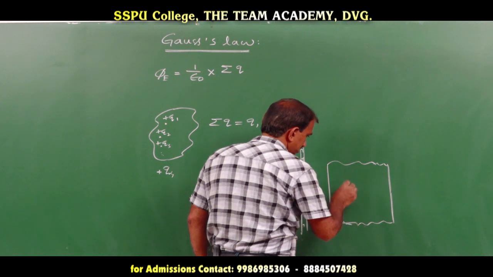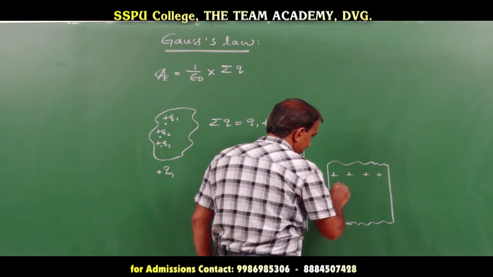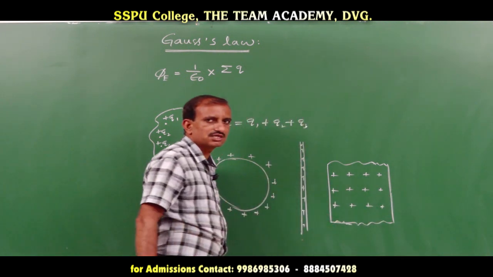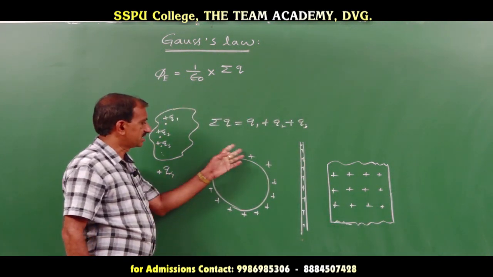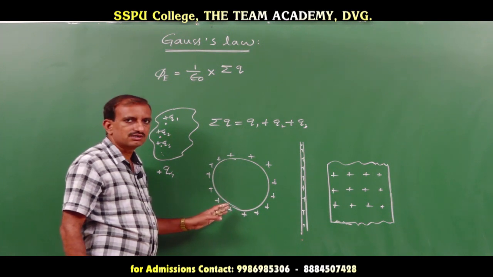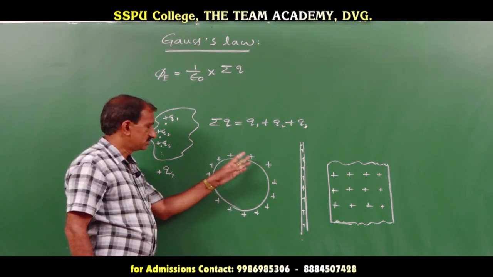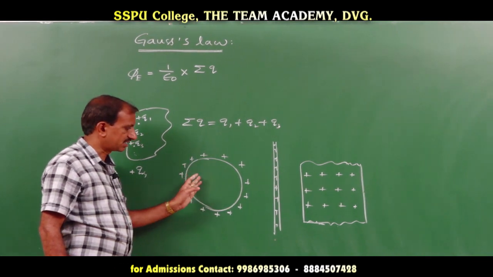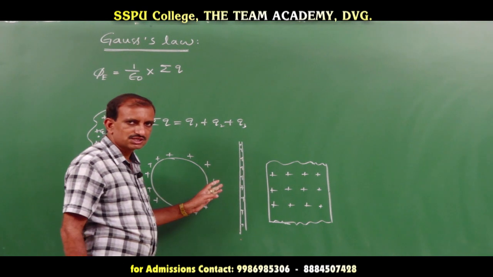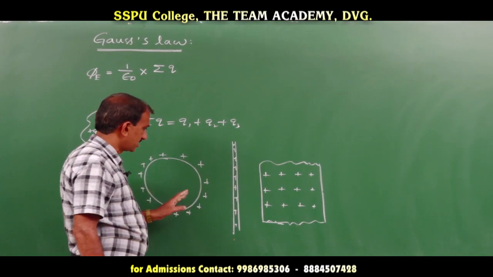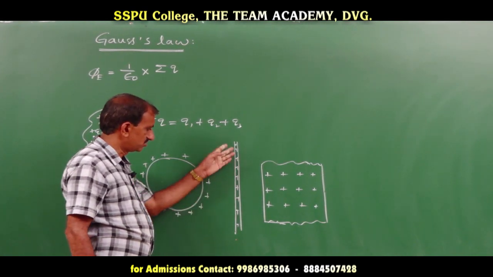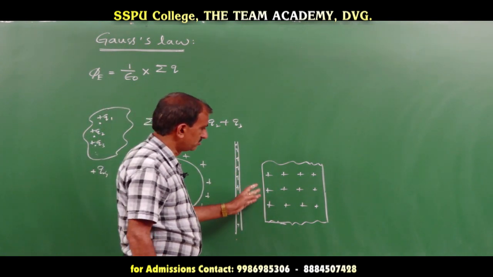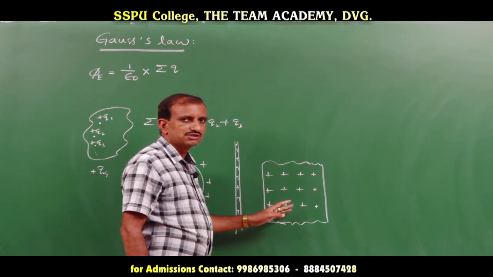These are a few applications of Gauss law. Using Gauss law, we can find the electric intensity due to symmetrical charge distributions like the charges on a spherical conductor, a uniformly charged wire, and a uniformly charged thin sheet.